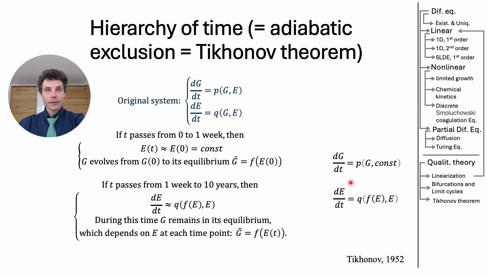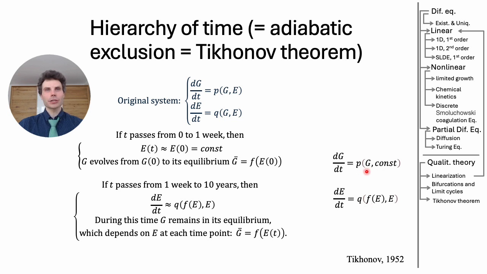And then we solve the equation for the elephants, which also depends only on E now, only on its corresponding unknown function, because the grass is quasi-stationary, and this is called the quasi-stationary mode.